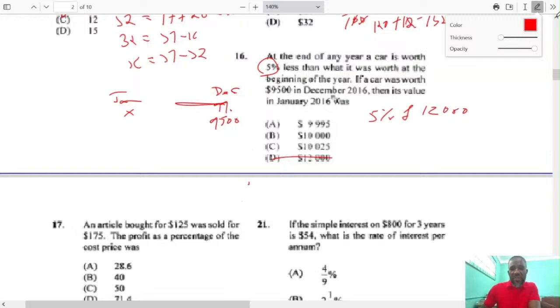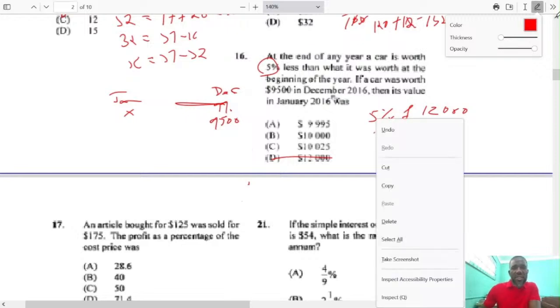And we would do the same thing for all the other numbers, right? So 5% of 10,025, if we subtract that from 10,025, we are not going to get 9,500, because 5% of 10,025 will give us a decimal, and therefore we know that there's no decimal here.